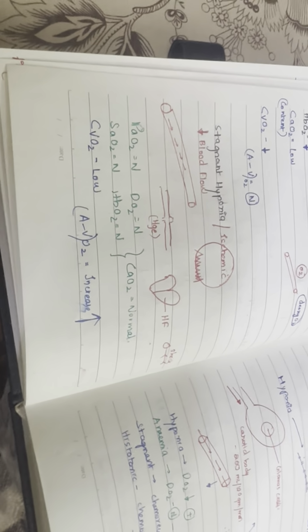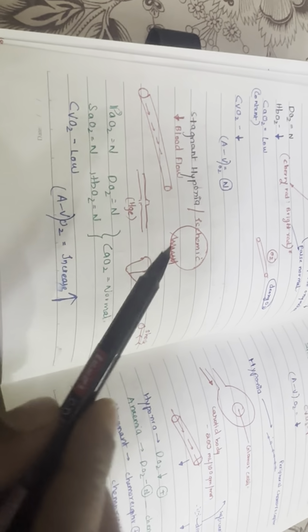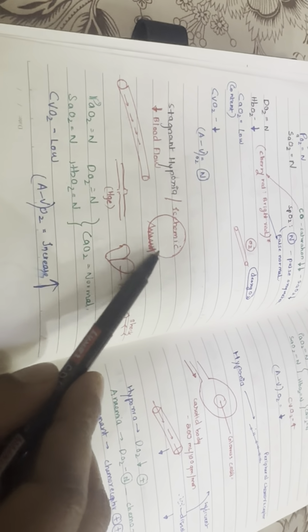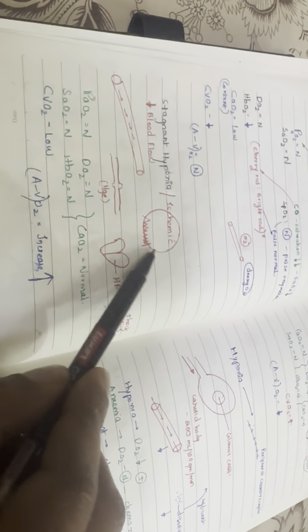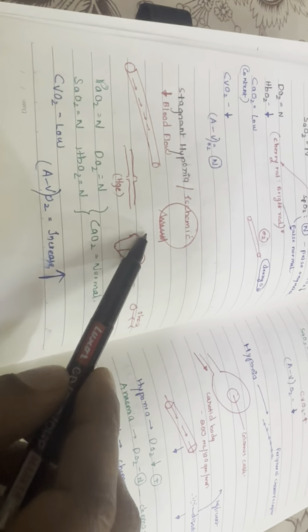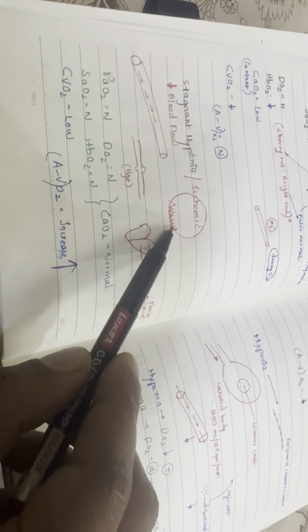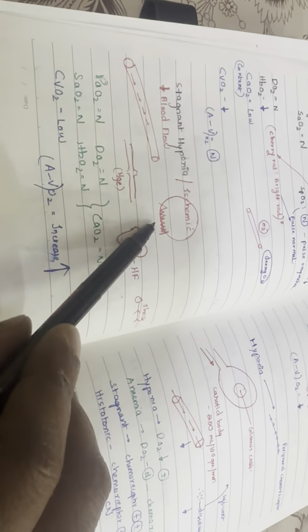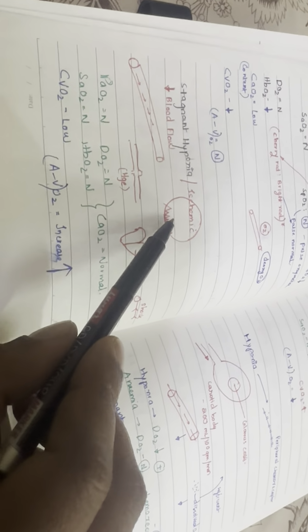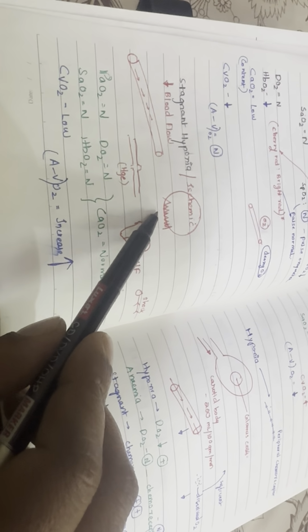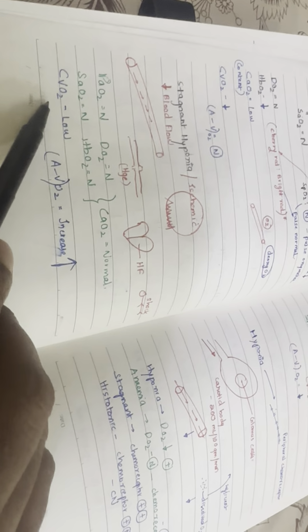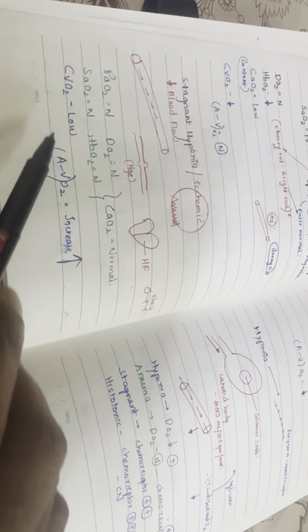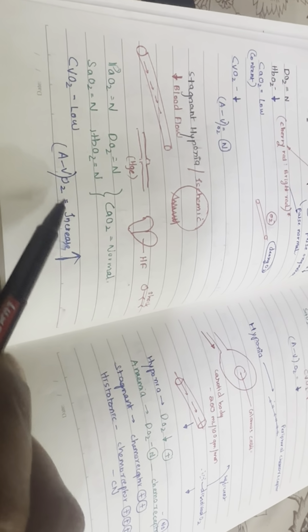But due to stagnation, there is a problem in the blood flow, so the tissue extracts more oxygen and the venous oxygen will be low. When we subtract arterial and venous oxygen, the difference will increase.